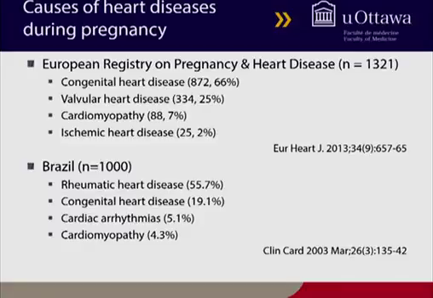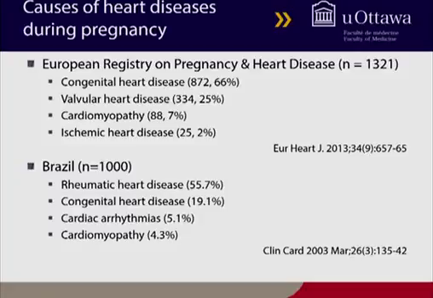There are very few actual large databases out there, and the European Registry on Pregnancy and Heart Disease is one that is out there, short form ROPAC. They looked at the registry of cardiac diseases during pregnancy, and congenital heart disease certainly comes up the highest, and then the valvular heart disease, cardiomyopathy, ischemic heart disease.